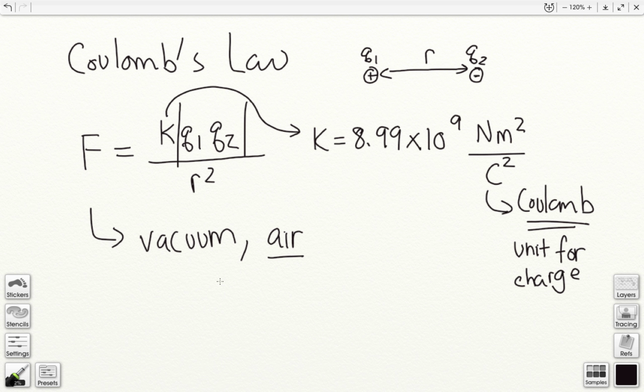One conceptual example where this law doesn't work is, let's say you rubbed a balloon against someone's hair. That balloon becomes charged, and let's say we stick it against a wall. Now the wall is an insulator, so the balloon will stick to the wall, but no electrons will flow.